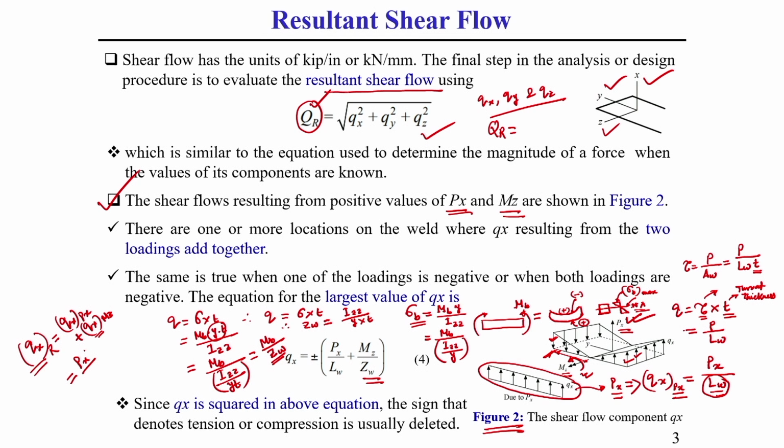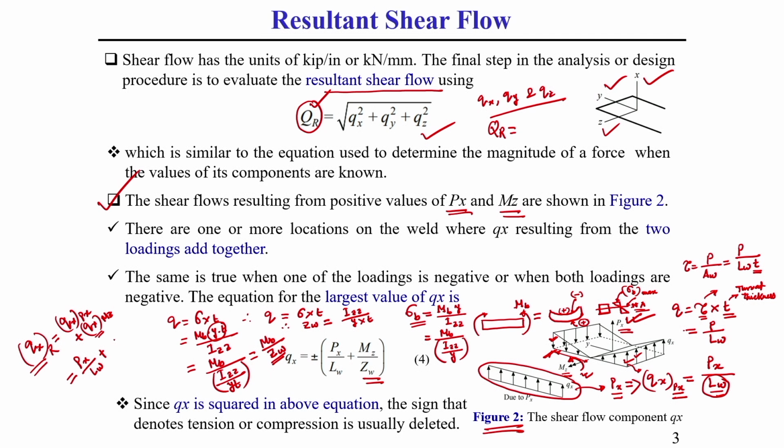You can write this as Px by Lw, and Mz, which is clockwise in nature, creates maximum positive bending stress at the outer layer on the right side of the weld section.